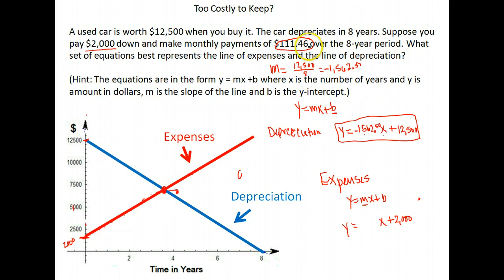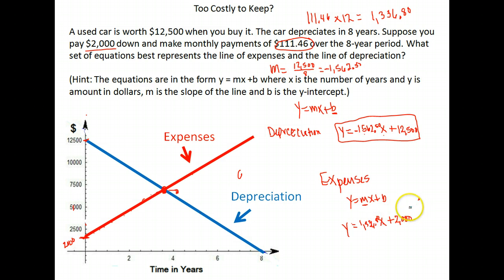How much would that be for a year? Since there are 12 months in a year, if we take that times 12, we find out that each year we're spending $1,336.80.